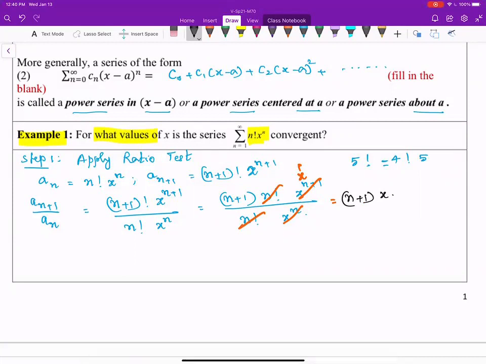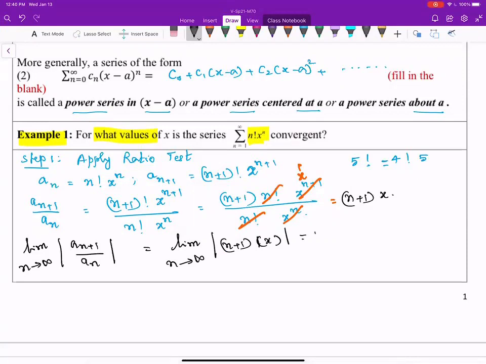Then we take the limit as n approaches infinity of the absolute value of a sub n plus 1 over a sub n, which is the limit as n approaches infinity of n plus 1 times absolute x.